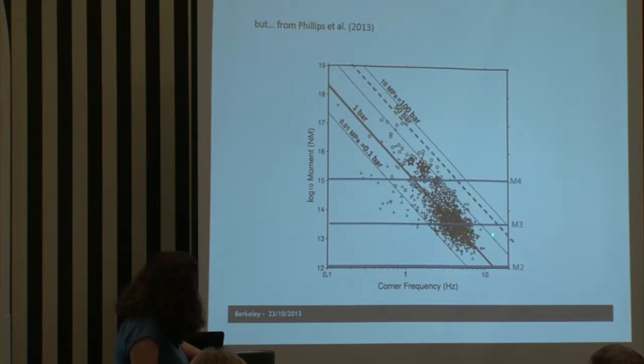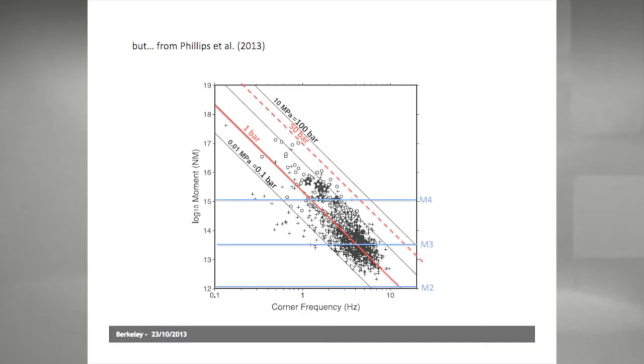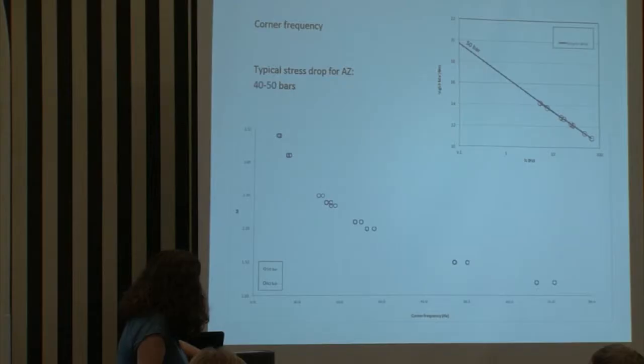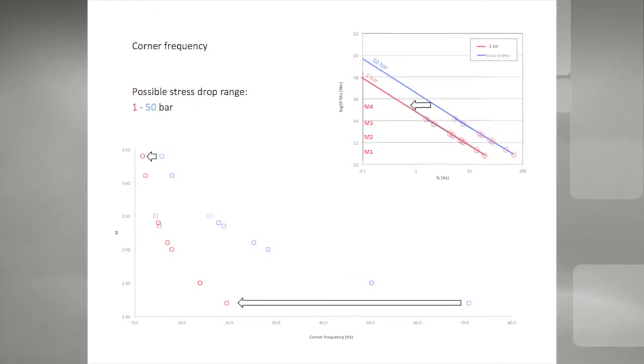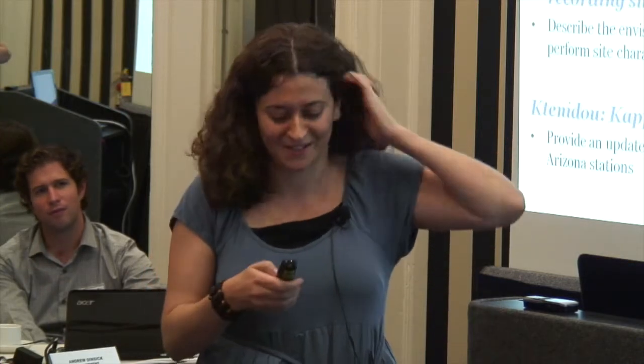And that's kind of far from the 50 bars I assumed just previously. So we'll just kind of try and see where that'll bring us. So that'll make a hell of a difference for the corner frequency. And for the past year, I've been hearing people talking about trade-off between stress drop and corner frequency for small events. Well, now it really has my attention.